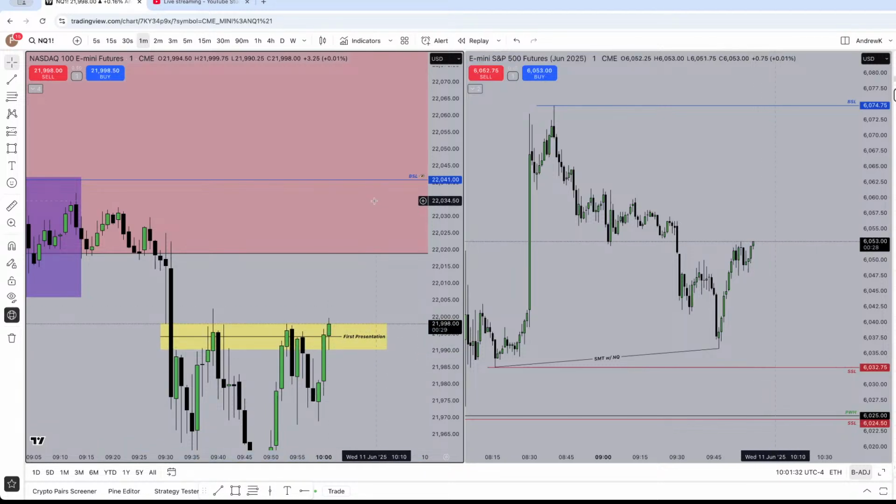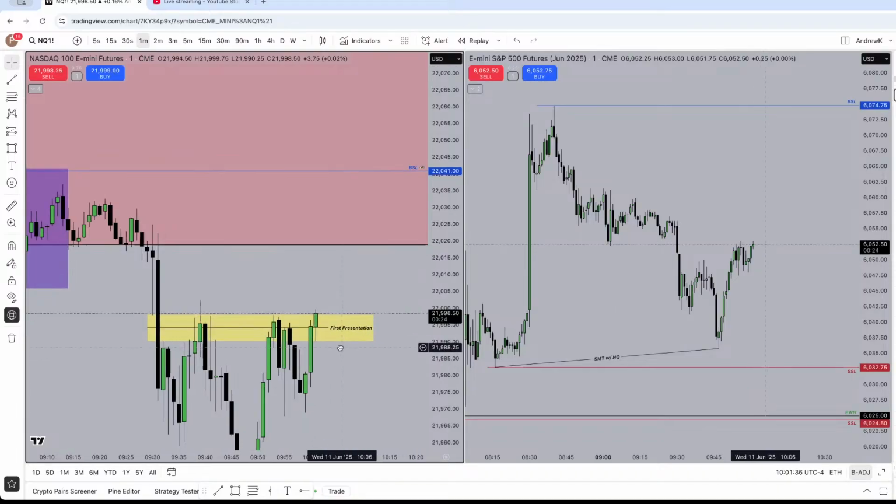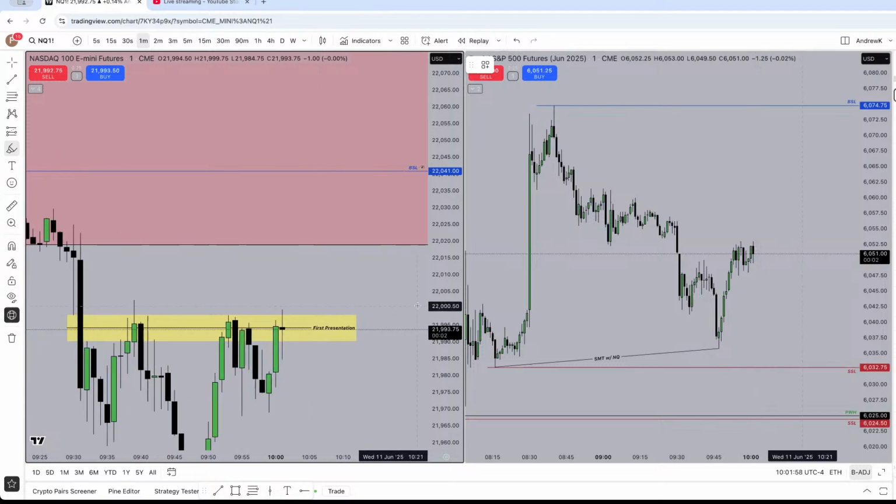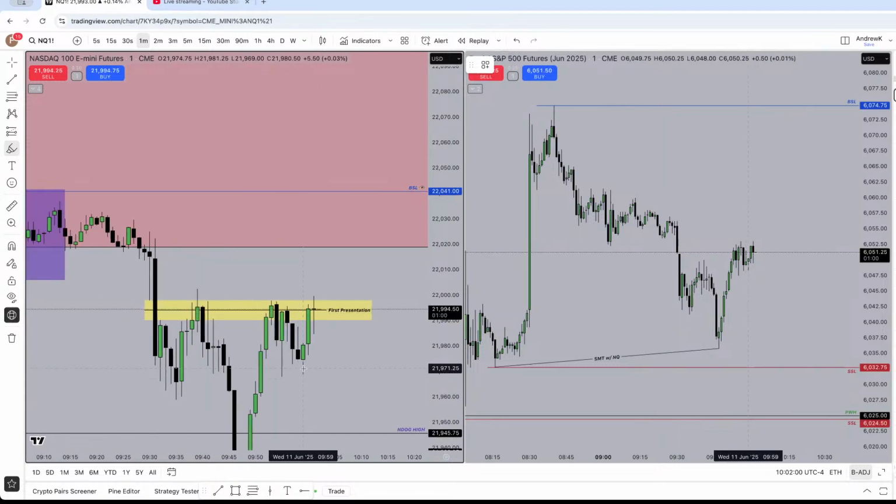And then, so my expectations would be, still watching. Needs to close back above. Yep, still closing back above that midpoint.